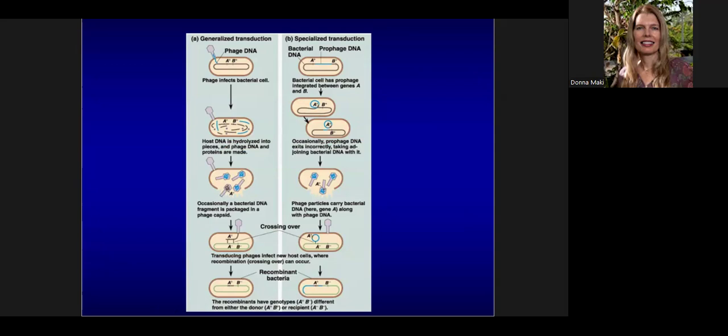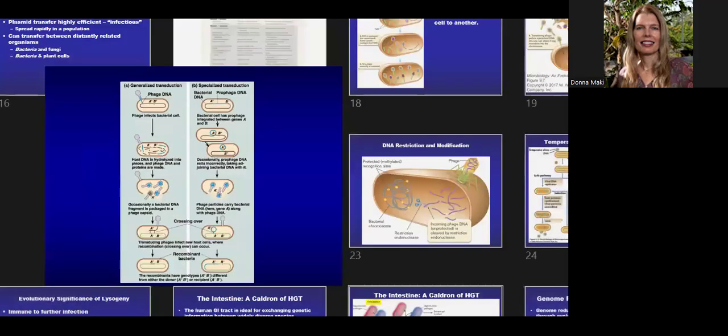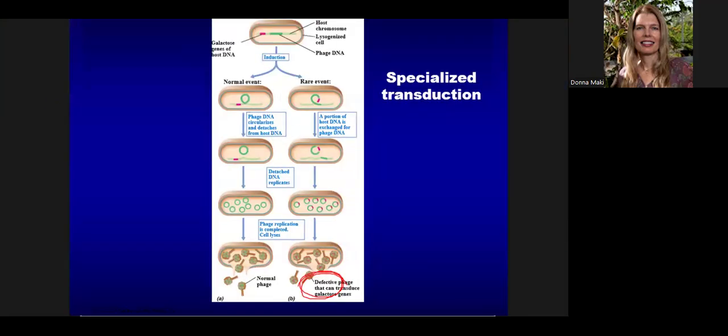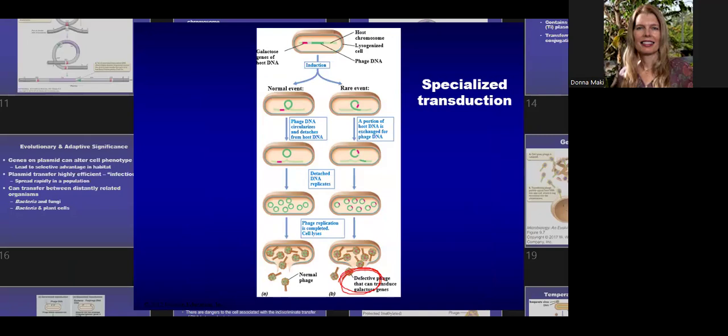Oh, I forgot to introduce that word too. Let me go back here and I'll just look and see if it's here. So it's not there. Interesting. All right, so it's only on this slide.